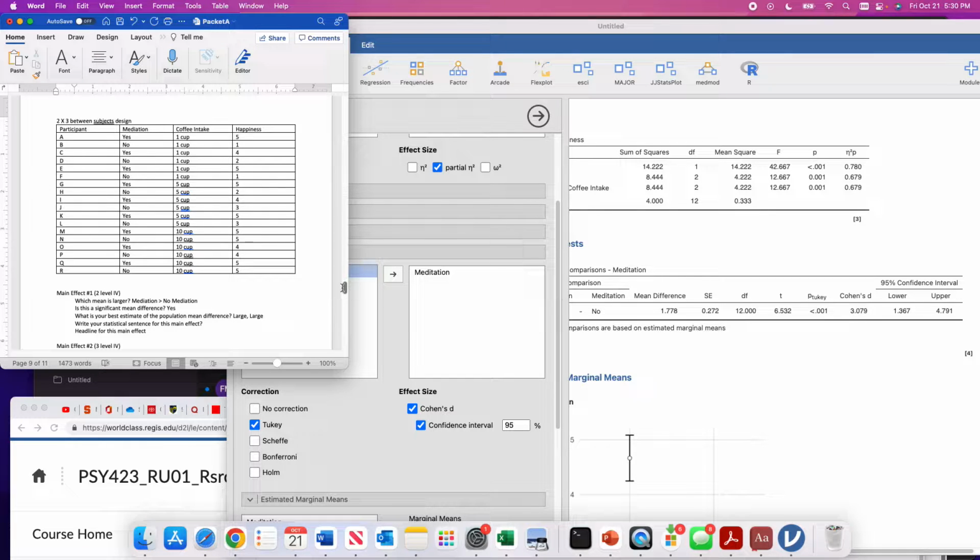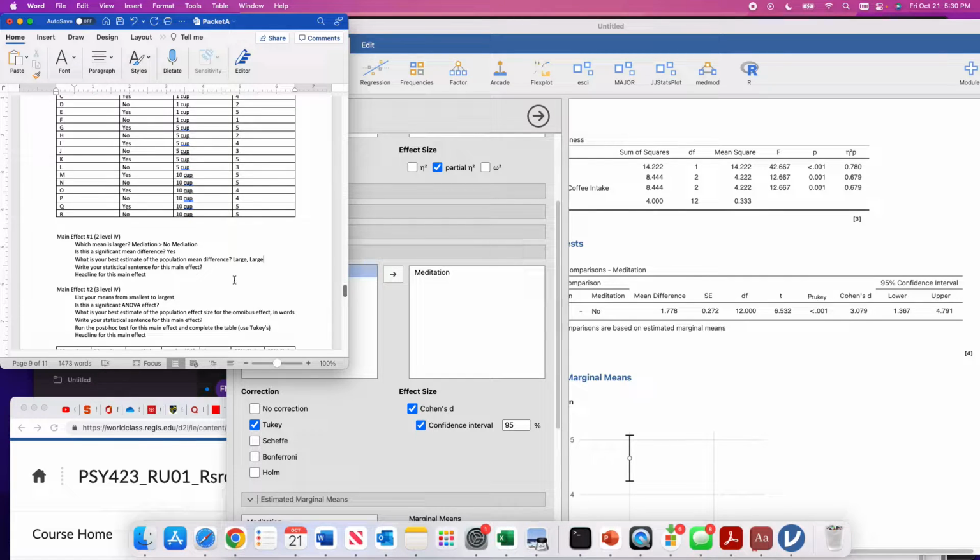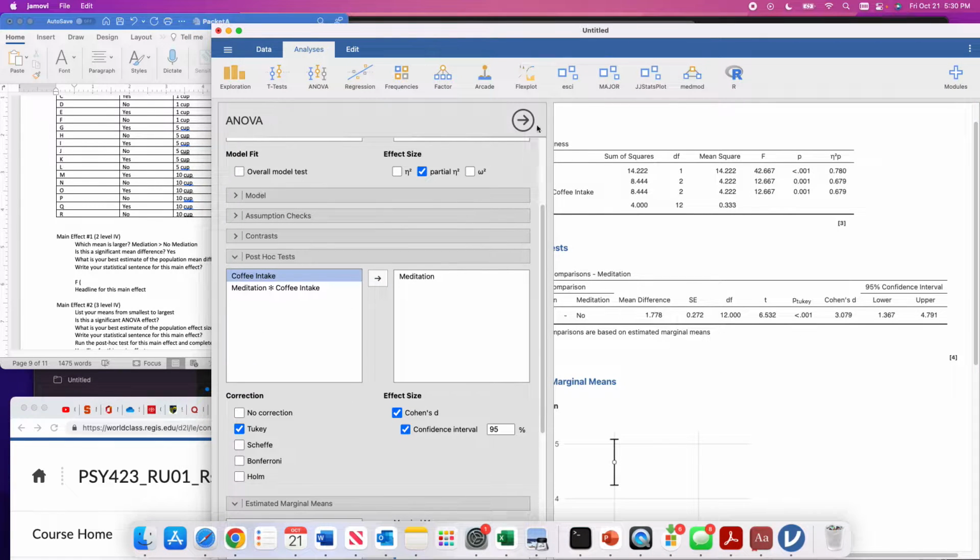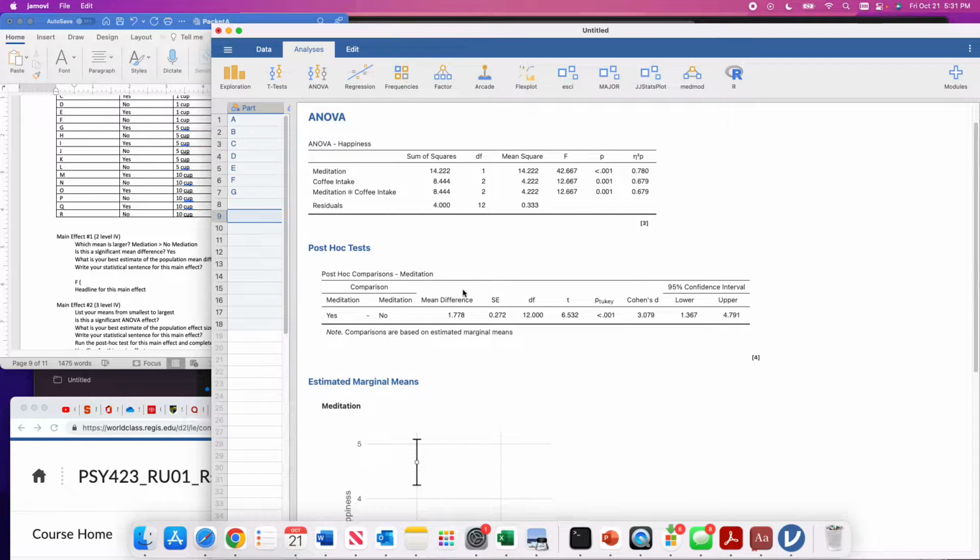Write your statistical sentence for this main effect and the headline for this main effect. All right, so the statistical sentence is F with 1 and 12 degrees of freedom. We can't really see, so I'm going to get rid of that and make sure we can see.